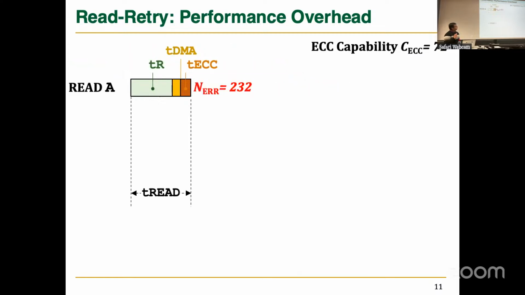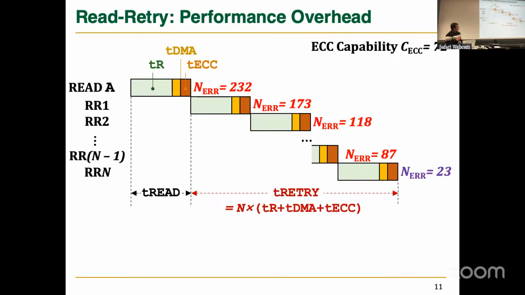But if there are more errors, let's say when you read the page you get 232 errors in the whole page, and this is, I think, per 1 kilobyte, then you perform read-retry with shifted read reference voltages, and the number of errors keeps reducing as you reach the optimal read reference voltage. At some point you reach a number of errors which is much less than the correction capability of the ECC engine.